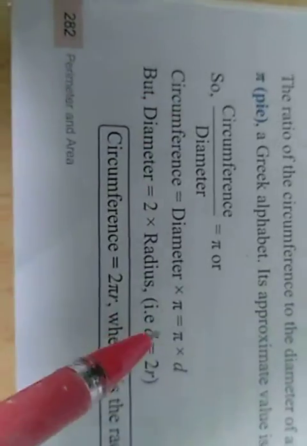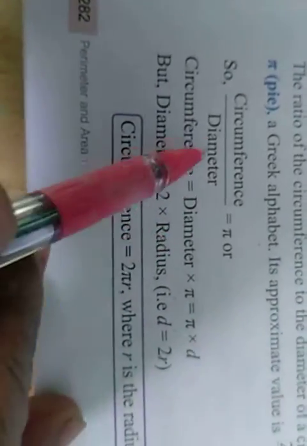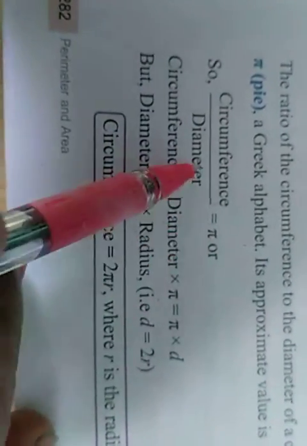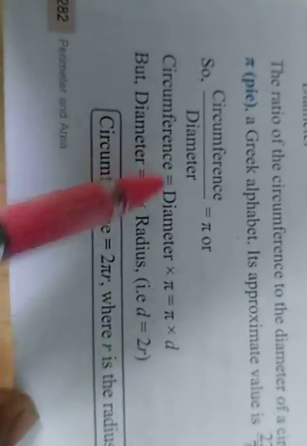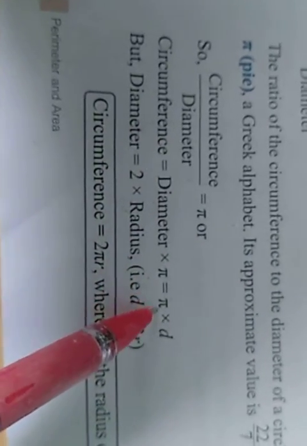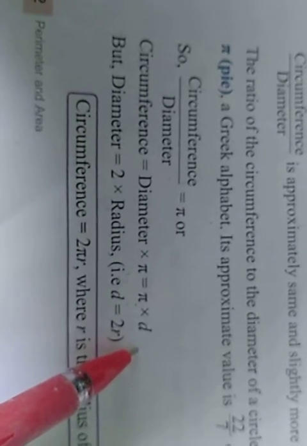Circumference is equal to pi into diameter, or diameter into pi, or pi into d. We use small d for diameter.